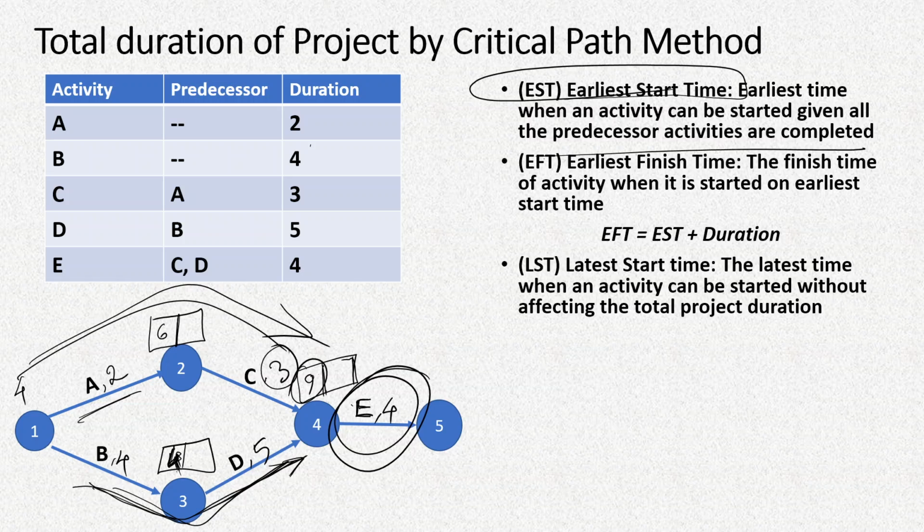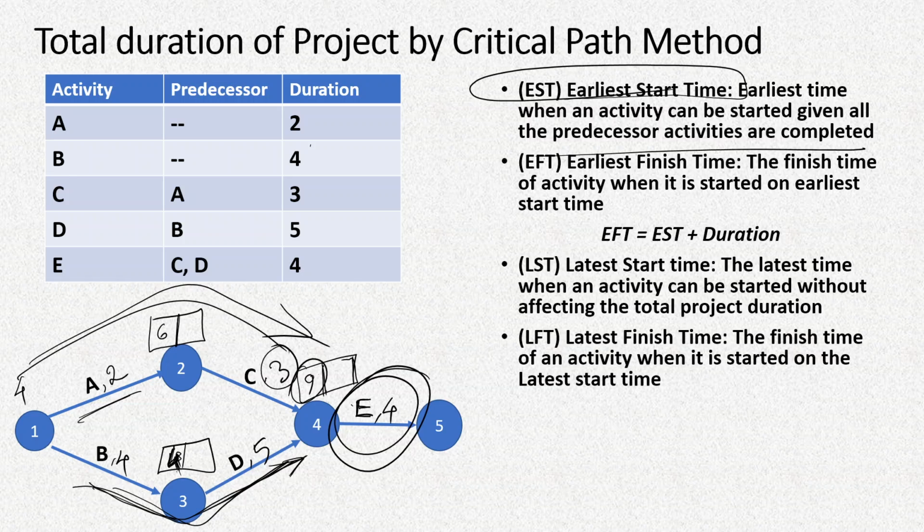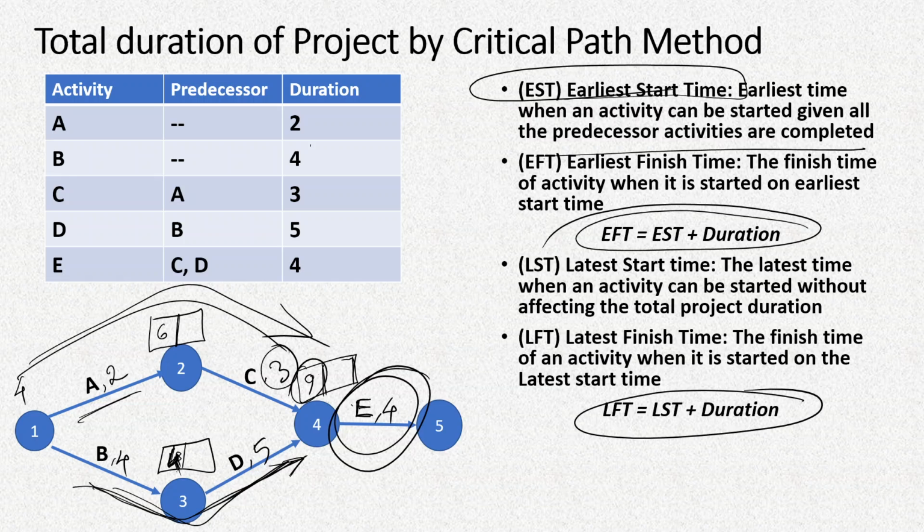Now latest finish time is simply, when it is started on the latest start time, you just add the duration to that, and that will be the latest finish time for an activity. So earliest finish time is earliest start time plus duration, and latest finish time is latest start time plus duration.